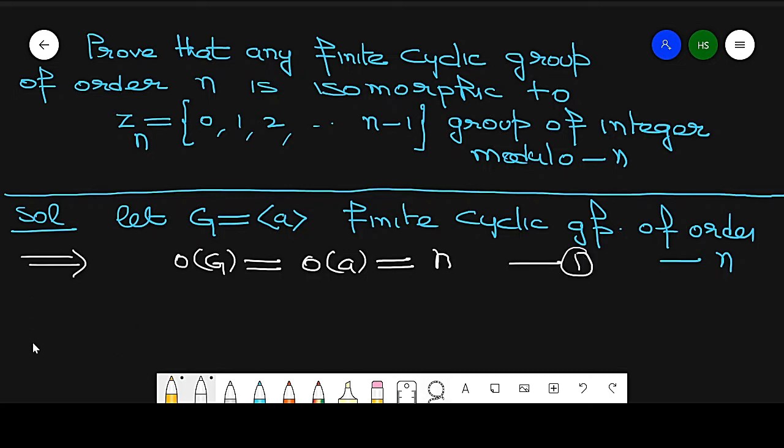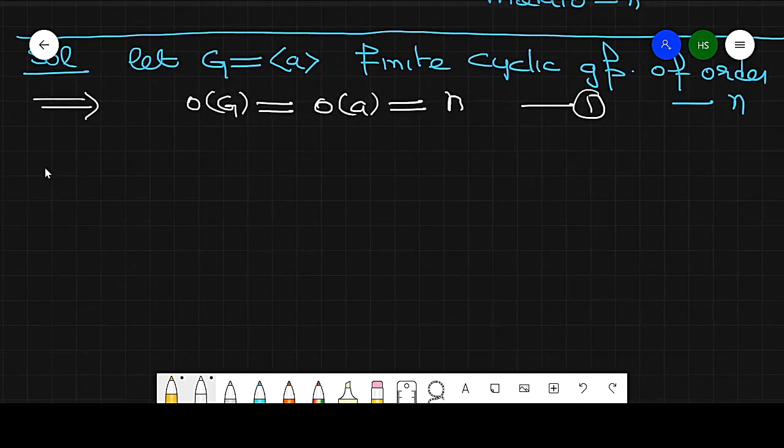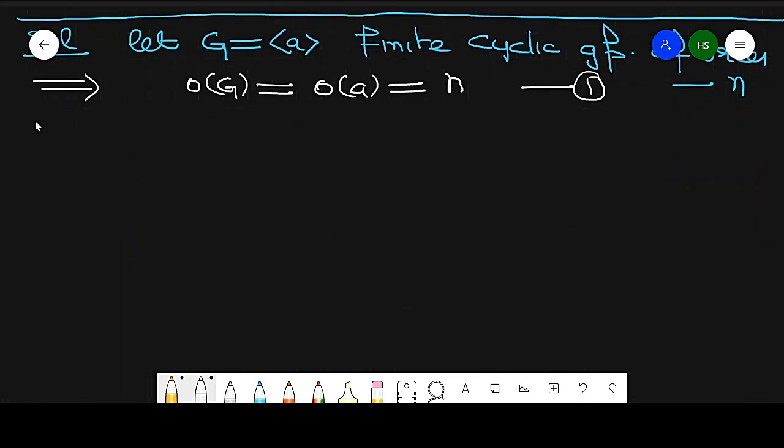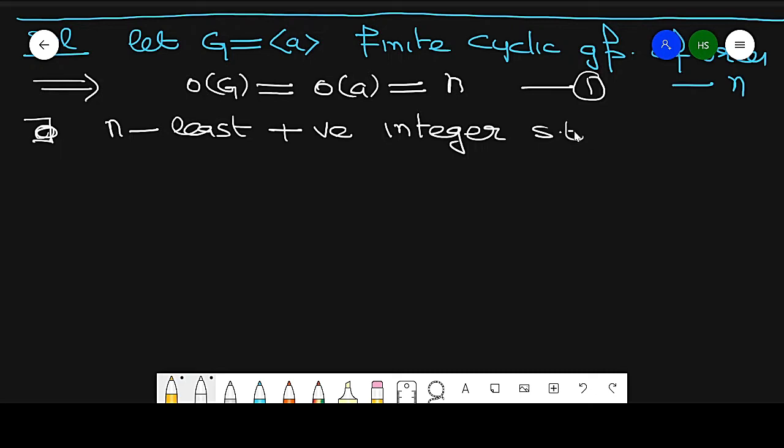Again, we can use the property of order of a. It means there exists n, which is the least positive integer such that a raised to power n equals identity.